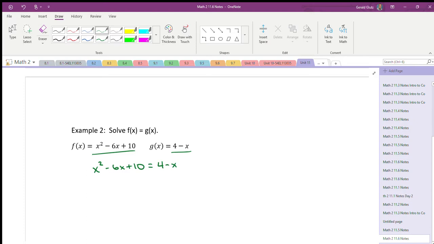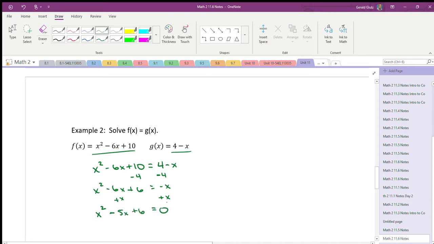So first thing we got to do is get one side equal to 0. I'm going to subtract 4. So x squared minus 6x plus 6 equals -x. Then I'm going to add x to both sides. So x squared minus 5x plus 6 equals 0.